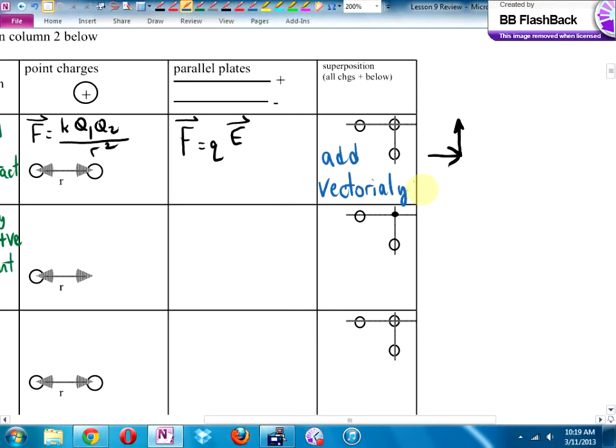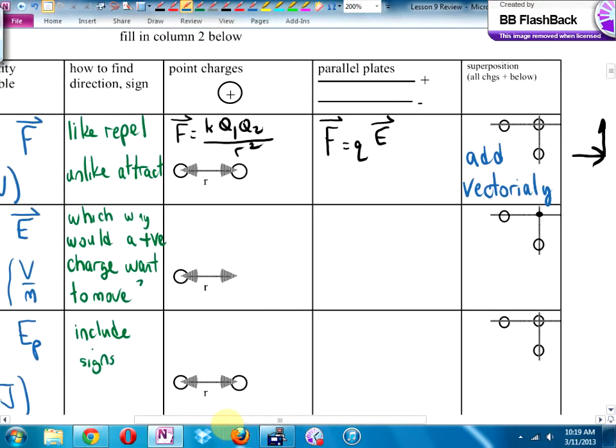The second thing we have here is electric field. So electric field from a point charge was what? KQ over R squared. That is if you know the point charge that's giving off the electric field, that's creating the electric field.